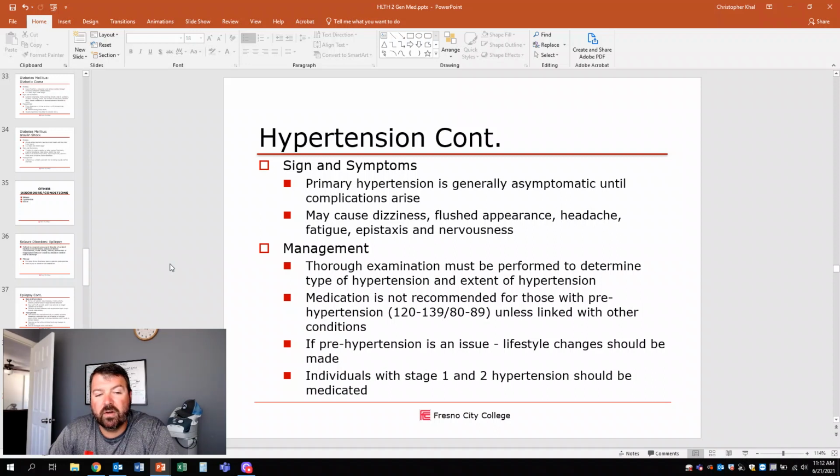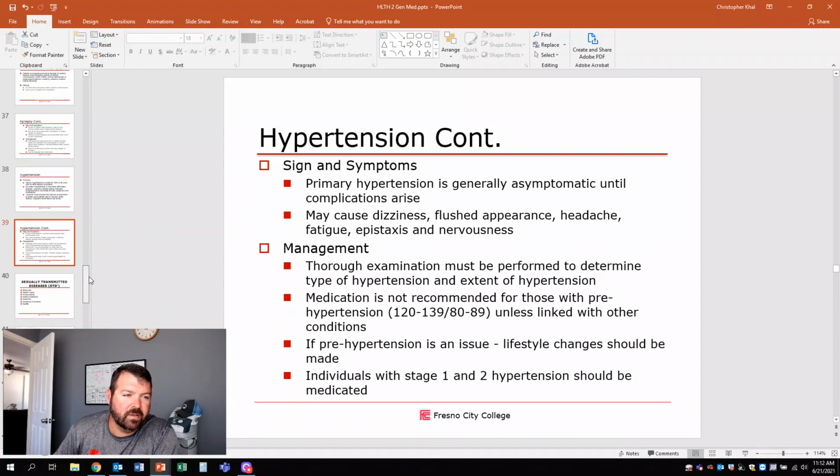Anything over 140 disqualifies you from clearing a physical. Okay, so that is a thing. So if you're doing athletics and your blood pressure during your physical is over 140, you're disqualified until you can get that blood pressure down. Which is strange enough, but during physicals, athletes like to come in drinking coffee, which increases blood pressure.